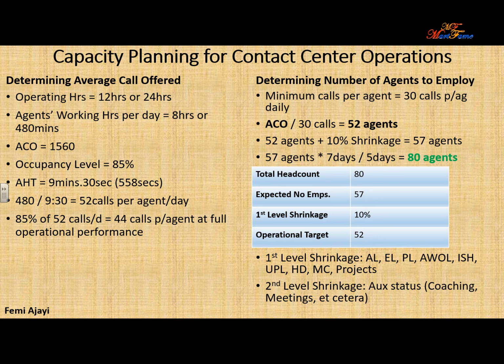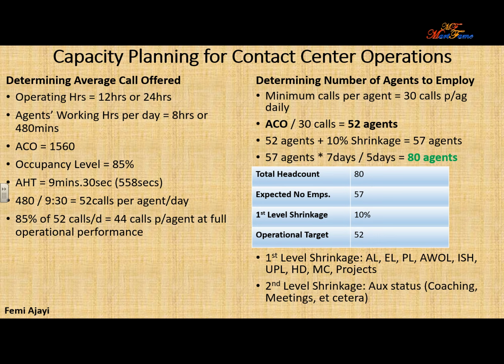Now that we know what the daily working minutes for the agent is going to be, and we know what the AHT is going to be, which is 9 minutes 30 seconds, the 418 minutes divided by 9 minutes 30 seconds gives you 52 calls. That means each agent should be taking 52 calls per day. But we know that is not often possible, because you would like your agent to breathe in between calls before they take up a different call.